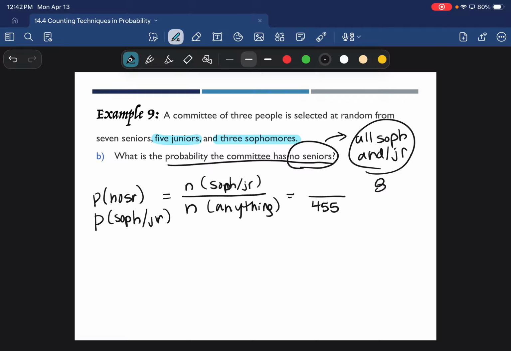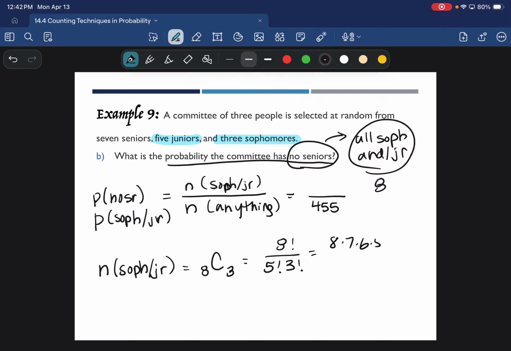So that one we don't have to find anything new for, but we do still need to know the number of ways that we get sophomores or juniors. And we mentioned that there's 8 of them that we're choosing from, and how many are on my committee? 3, still 3. So I have my 8 on top, I have the 3 that I'm choosing on bottom, and the 5 that are not chosen.